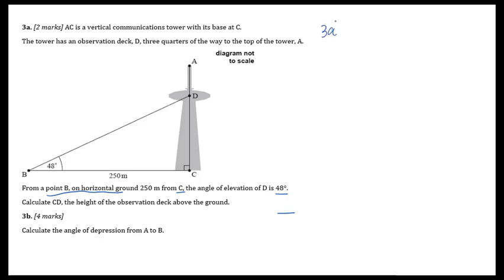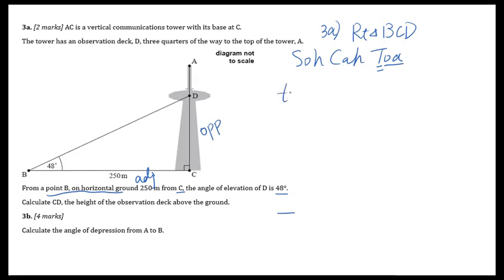For 3A, we are looking for CD. In right triangle BCD, we know the CD will be the opposite, and BC is adjacent according to angle B. Therefore, using SOHCAHTOA, we are given O and A. We are supposed to use tangent. Tangent 48 degrees equals CD over 250.